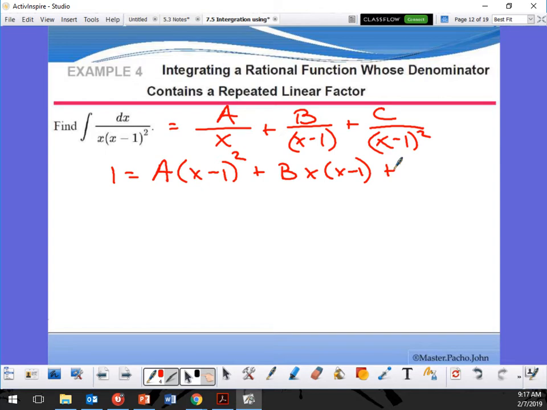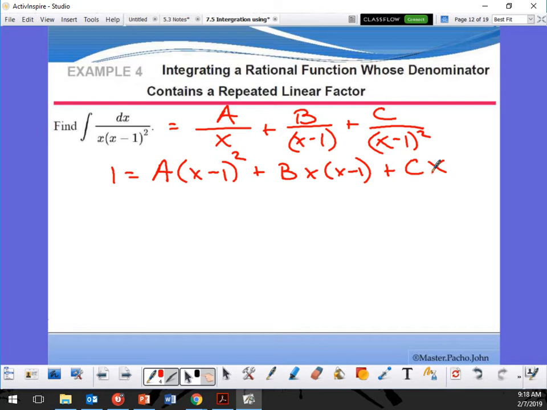It's got my x minus 1 squared already, so it's just missing cx. Did I confuse you, or are we still okay? Are we okay? Okay, all right.